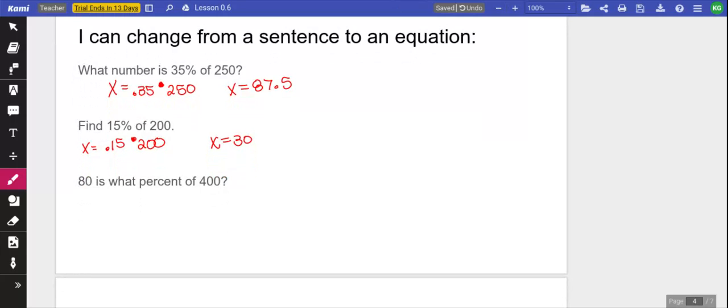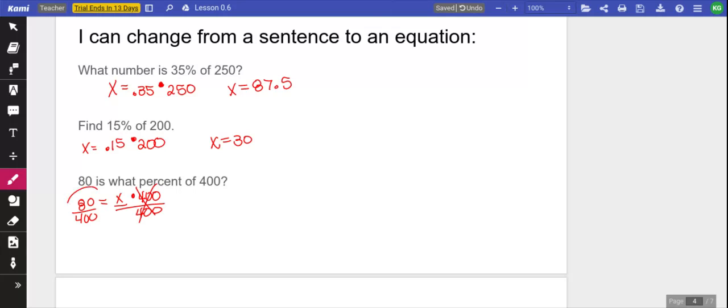The next one, 80 is, 80 equals what percent? So I'm going to underline it so that I know when I get my answer, I'm going to change it back into a percent. Of means times 400. On this one, notice that X is not alone. X is being times by 400 here, so we need to solve for X. Because X is being times by 400, the opposite would be to divide both sides by 400 to cancel those out.